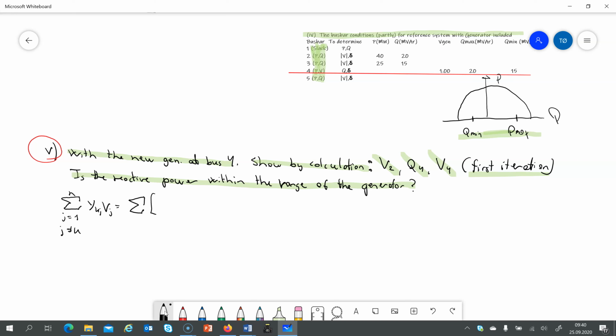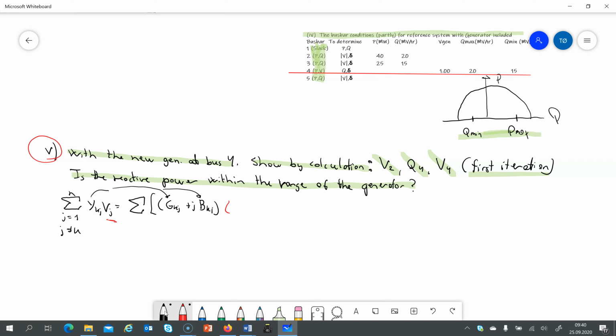And then we can write G_kj plus jB_kj. So we know that admittance works with conductance and susceptance, and in the same way we can also do that with the voltage.